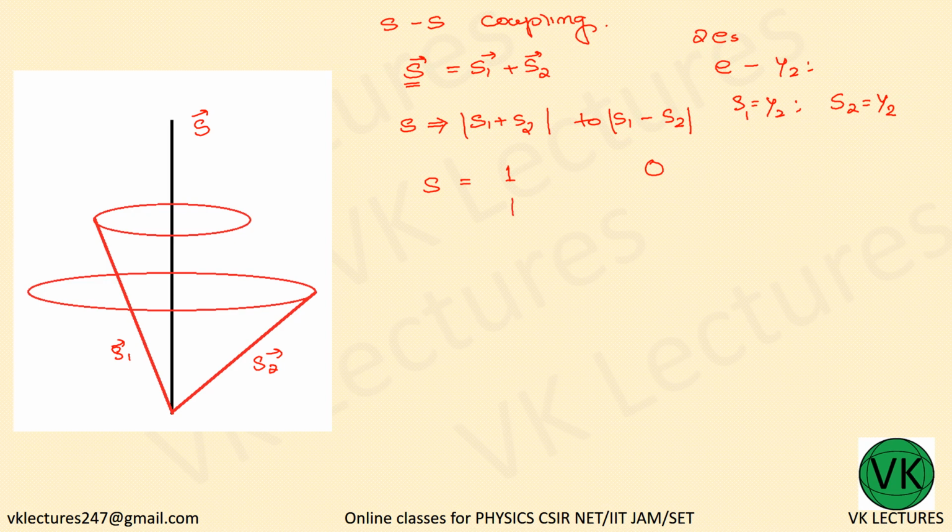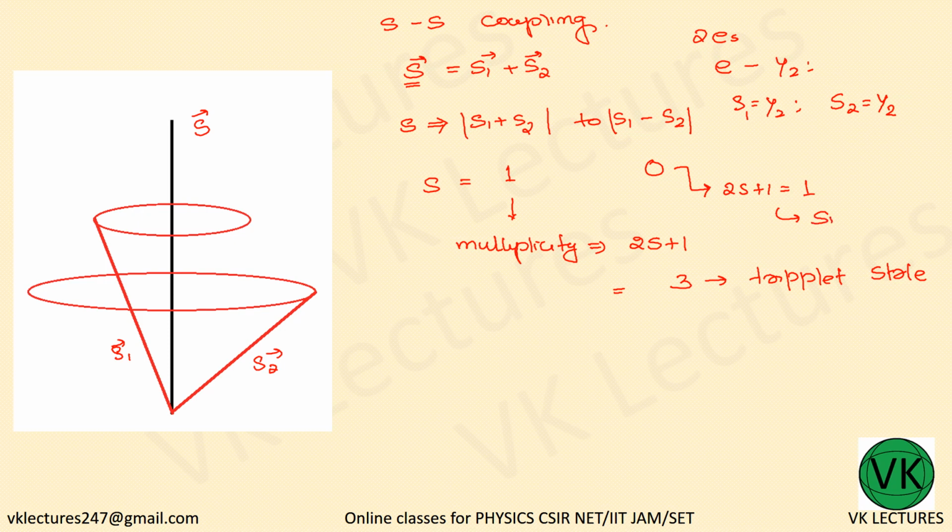This is called multiplicity, given by 2S plus 1. For S equal to 1, 2S plus 1 gives 3, so this is called a triplet state. For net spin equal to 0, 2S plus 1 is equal to 1, so this is called a singlet state.